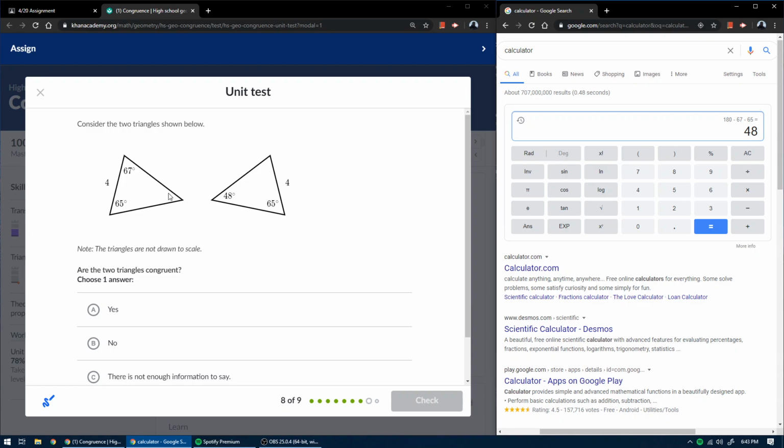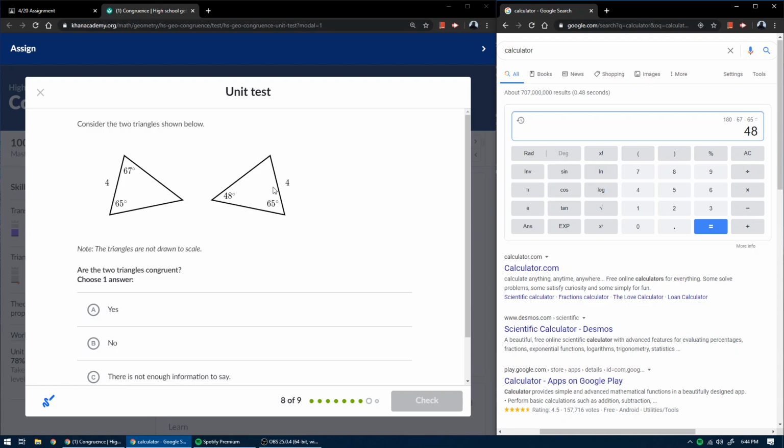I know they're similar because their angles are the same. I can see they're the same shape because the angles are the same, right? Clearly they look the same. I mean, that should kind of be a hint, right? This would be 67. Are they the same size?